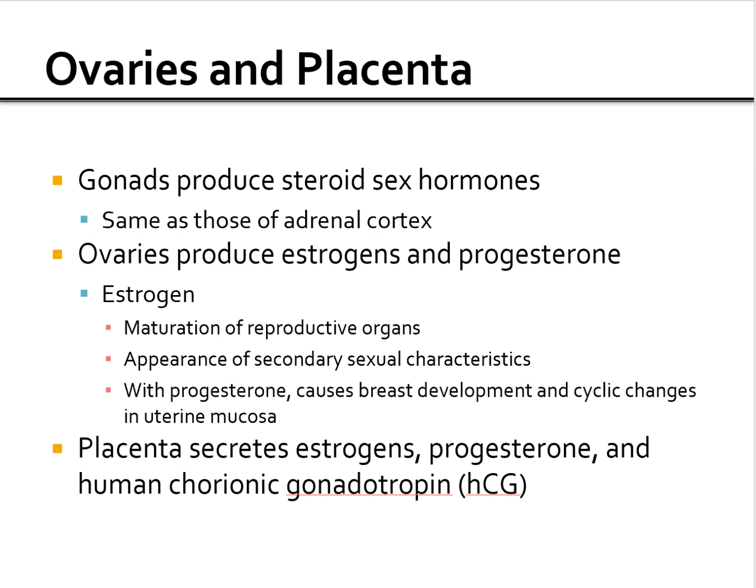Our ovaries, or our gonads, produce our sex steroid hormones. When we talk about gonads, in the female reproductive system we're talking about the ovaries, and in the male, we're talking about the testes. The ovaries produce estrogen and progesterone. What's targeting these are LH and FSH from our anterior pituitary.